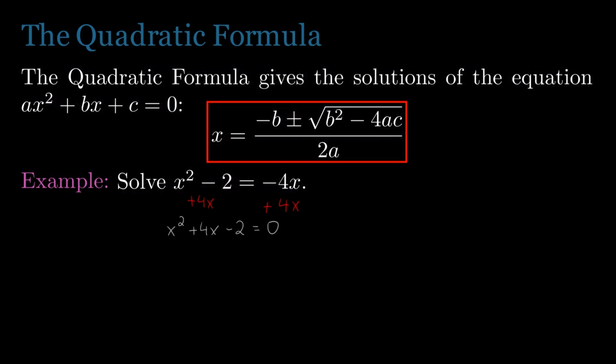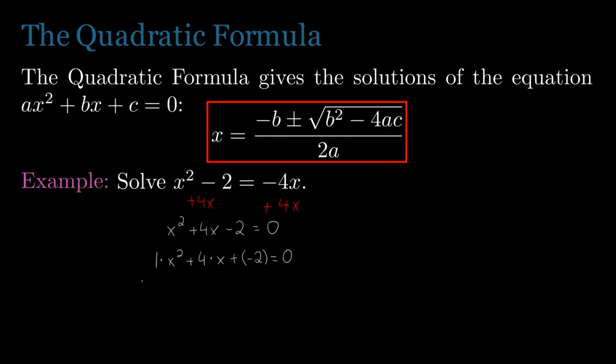Coefficients a, b, and c come with signs because in this general form we have pluses. And therefore we want to perceive it as 1 times x squared plus 4 times x and plus the negative 2 equals 0.